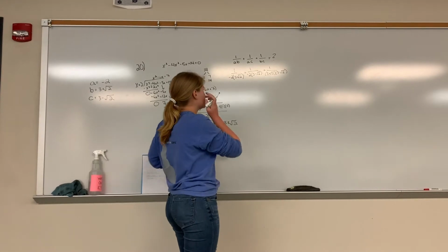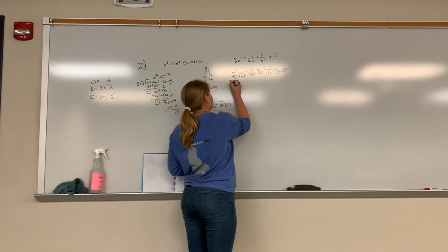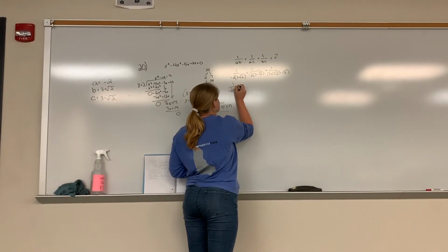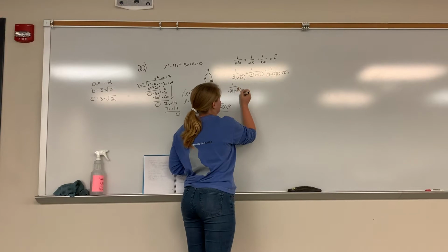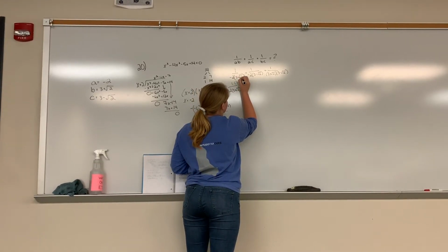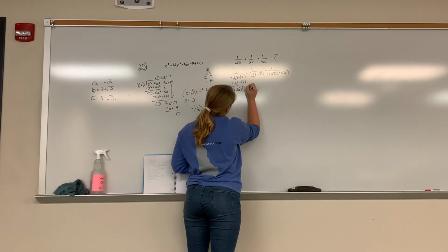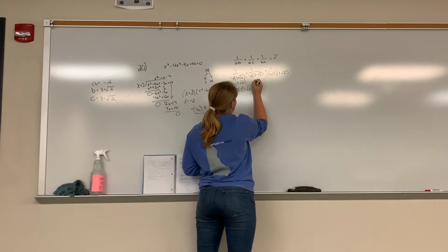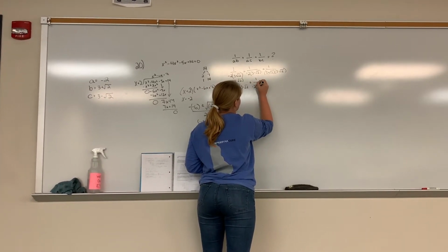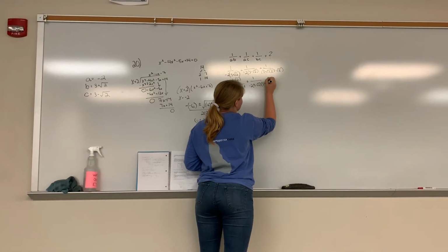What you want to do is make all of the denominators equal. So you want 1 over negative 2 times 3 plus the square root of 2, and then you multiply 3 minus the square root of 2 on top and bottom. Then plus 1 over negative 2 times 3 minus the square root of 2, multiplying top and bottom by 3 plus the square root of 2.